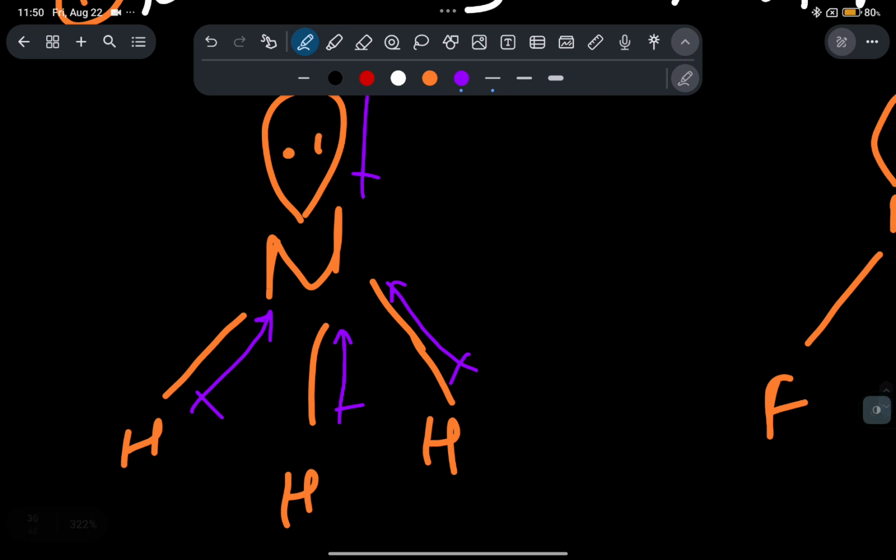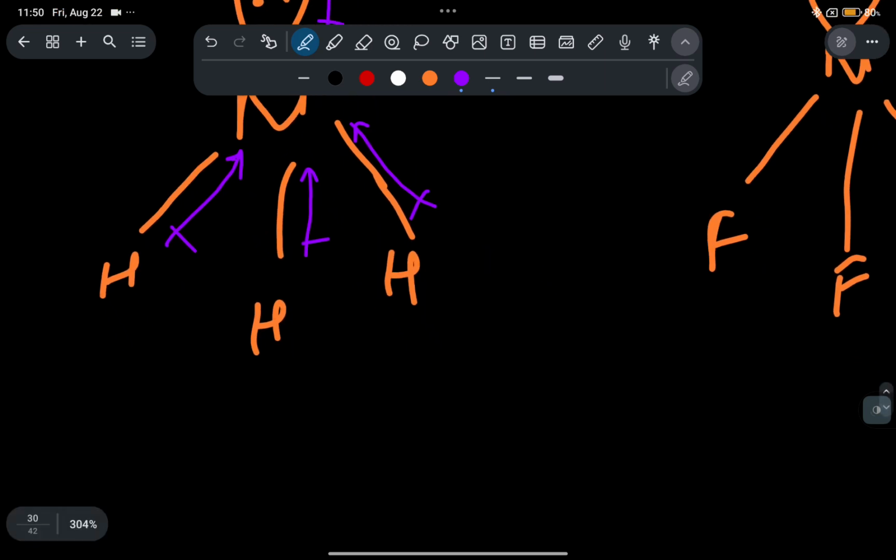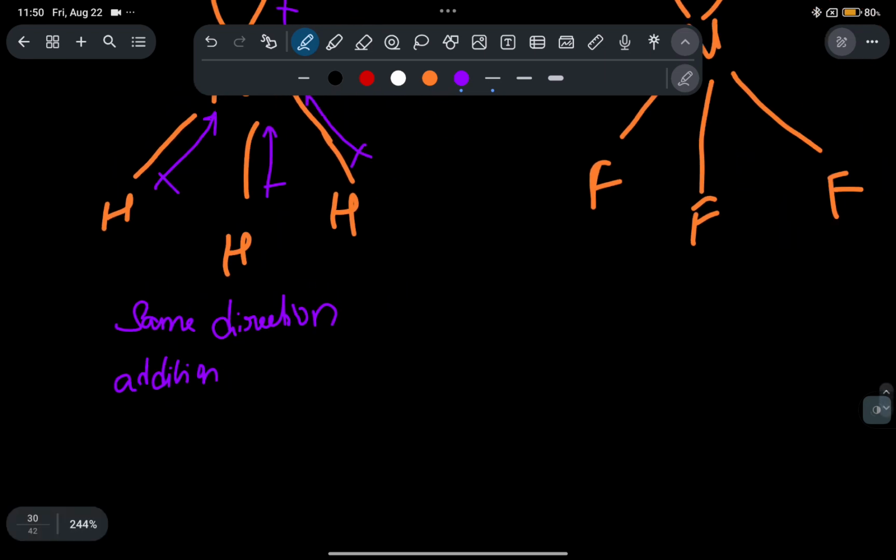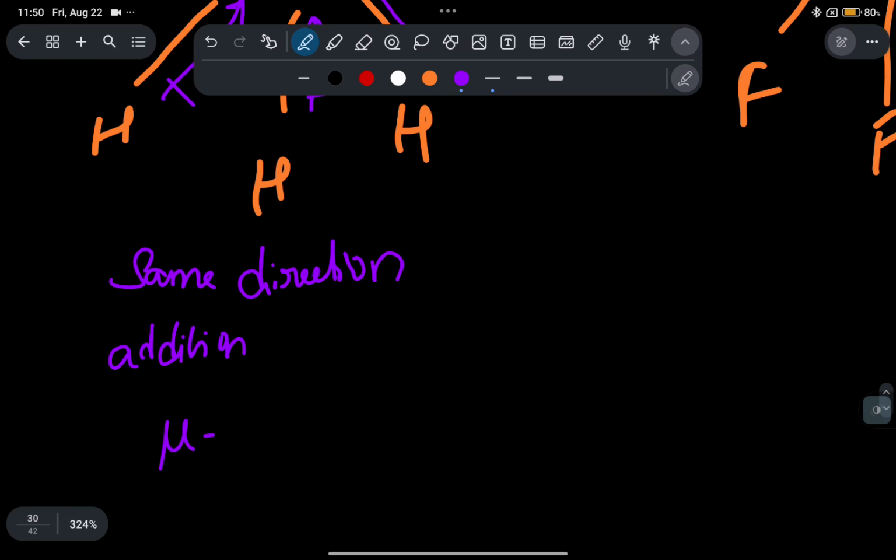Three directions same direction means addition. So if you add, mu is equal to mu1 plus mu2 plus mu3, if you add all the directions, you have the highest value. Means mu is maximum.